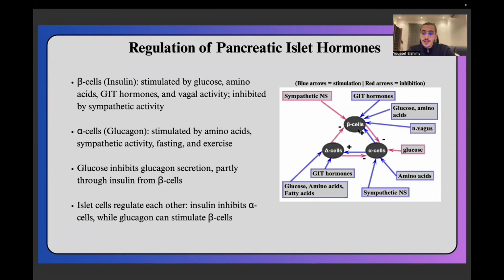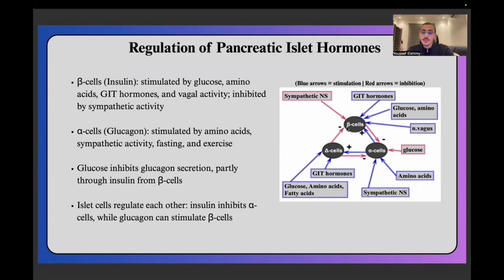For beta cells, you know it's important in producing insulin. So what makes the beta cells active? There are some GIT hormones that increase the stimulation of beta cells, as well as glucose. Glucose is one of the main factors that stimulate insulin production because when blood glucose levels rise, you need to bring it down and regulate it.